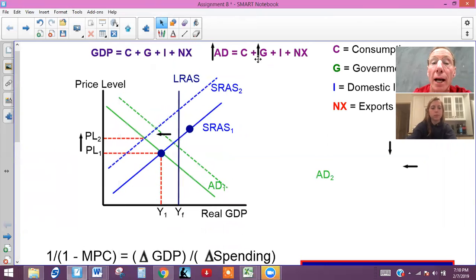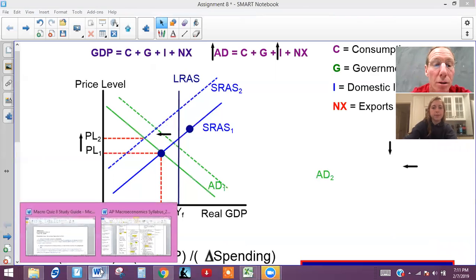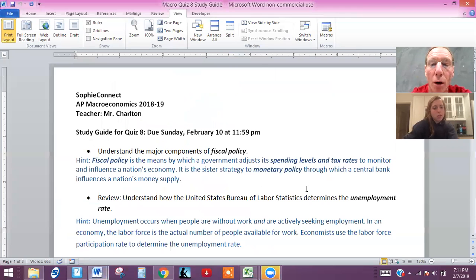So both fiscal and monetary policy are designed to shift the aggregate demand curve, most often to the right when we're in a recession. Does that make sense? Yes. Okay, so that's all that is.